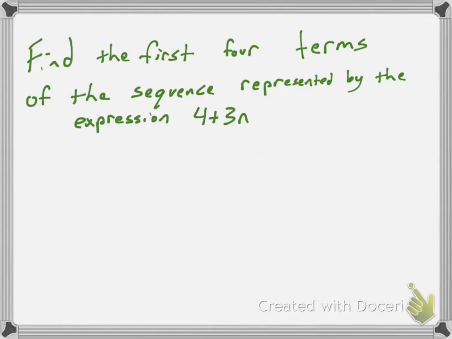Now, in this case, n represents the term number. Remember how I put earlier? It's like the position the term is in. So if we want to find the first term, we're going to put 1 in place of n.